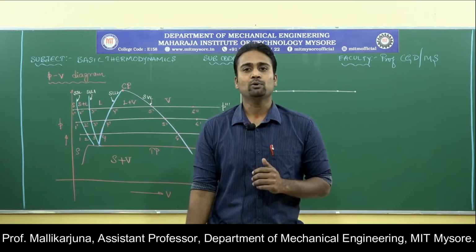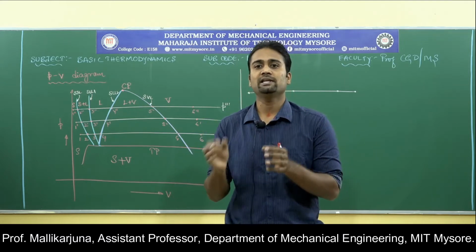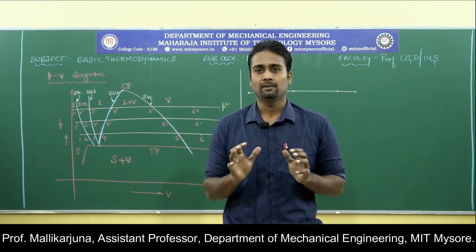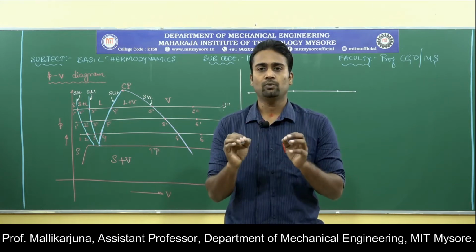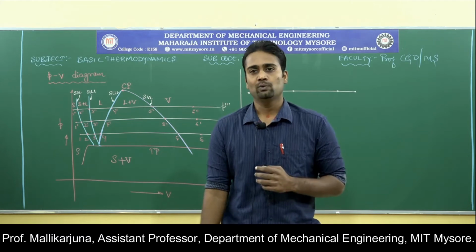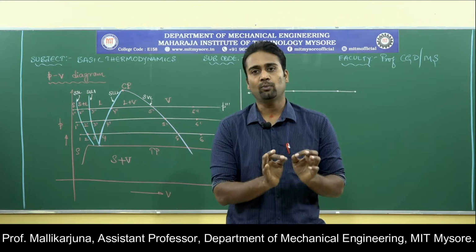We have defined a pure substance as a substance which is homogeneous in its chemical composition throughout its mass. In the sense, if a given substance has the same chemical composition throughout its mass, then we can call it a pure substance. We have seen it may not be a single component.